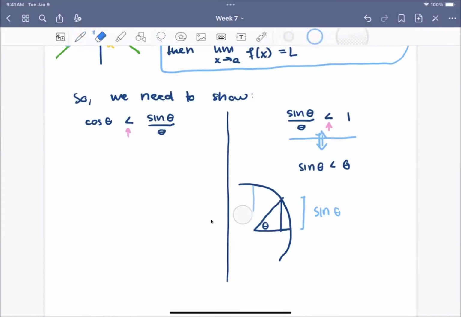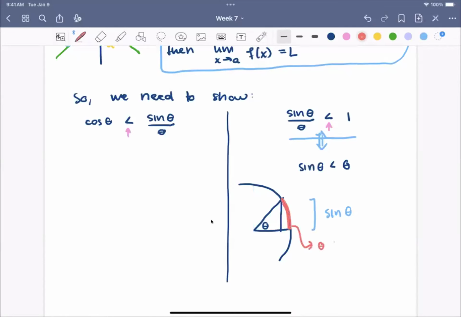Okay, so forget about what I just said. So here's our unit circle. This height is sine theta. And let's think about what theta is in this picture. Theta, by definition, is the length of this arc. Maybe I should do this in a different color. So this is this red arc.